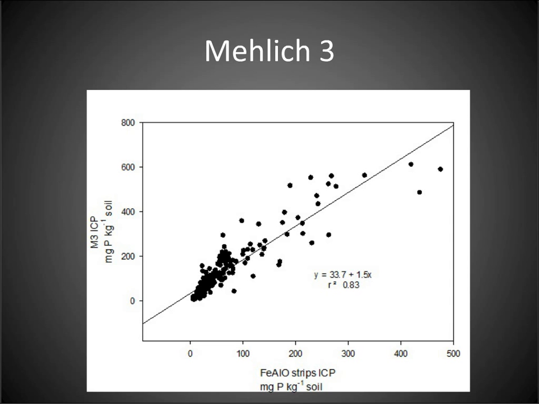The slope is another thing to notice, in that the slope of this is 0.17, and in Mehlich it's 1.5. So Mehlich gets almost 10 times the amount of phosphate out that water does, based on the same set of circumstances. So we have to be careful in our interpretation about what we're doing and what we're seeing and what we're actually looking at.